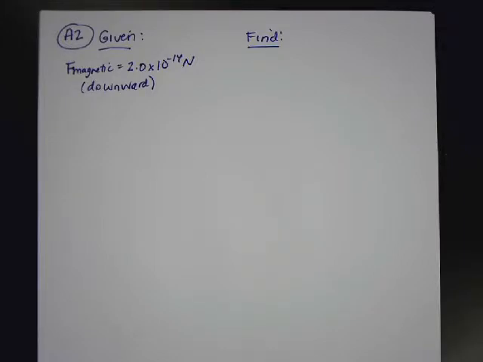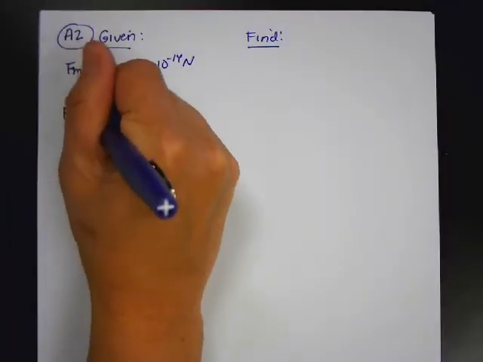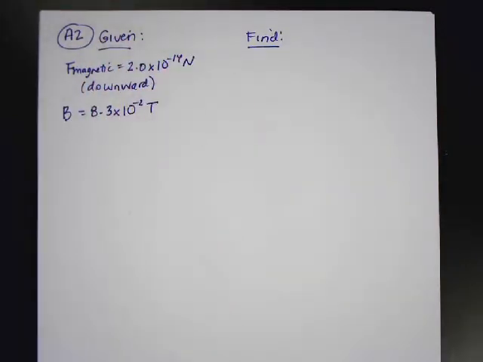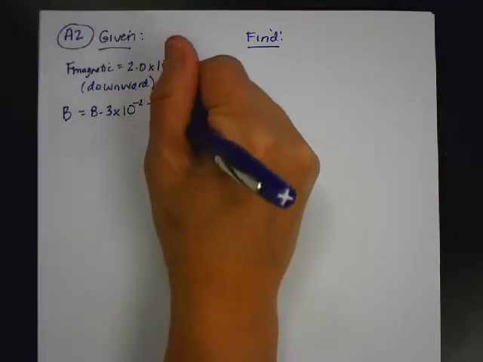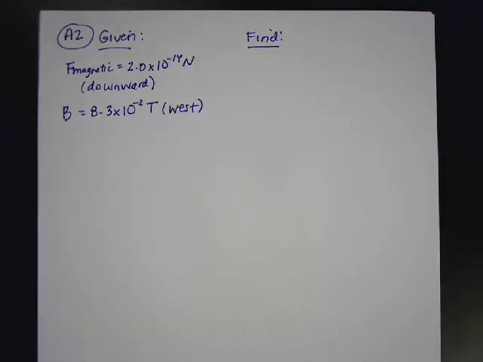Then it tells me while traveling in a magnetic field. So the magnetic field is B, and that's 8.3 times 10 to the negative 2 Tesla. And they tell me that this magnetic field is going west. And now that's also important because magnetic field is also a vector quantity that has both magnitude and direction.